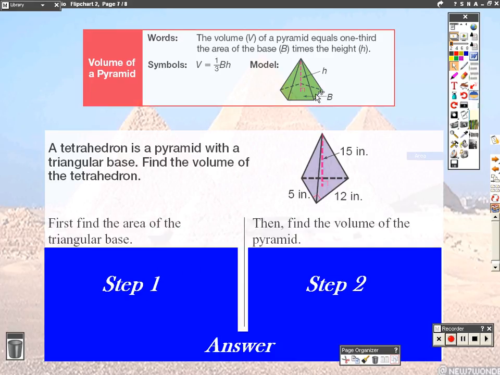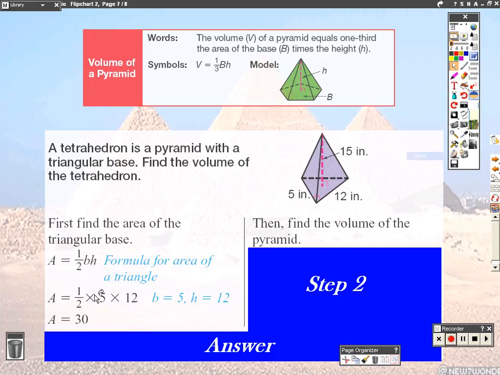Now looking at a pyramid, it's the same principle as what you saw in the previous slide. The only difference here is we're looking at base times height divided by 3, or times 1/3. So in this case we have 5, 12, and 15. Step number 1 would have us do 5 times 12, which gives us our 60, multiplied by 1/2, which brings us to our 30.